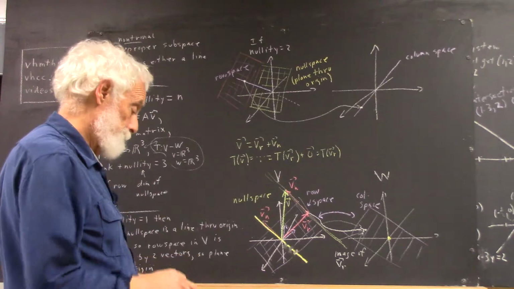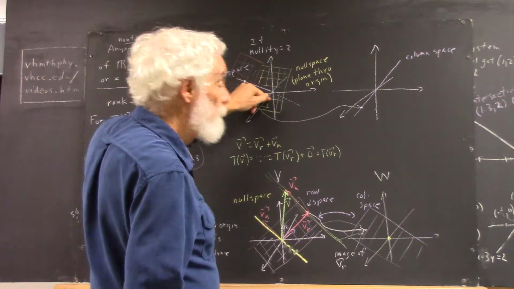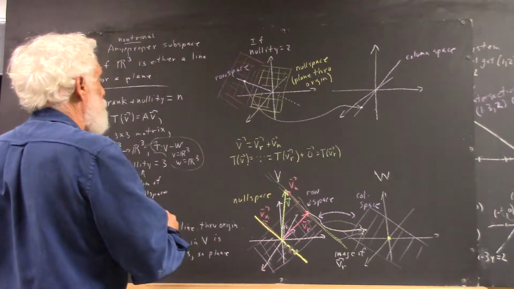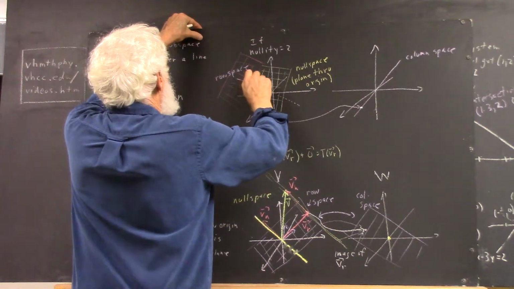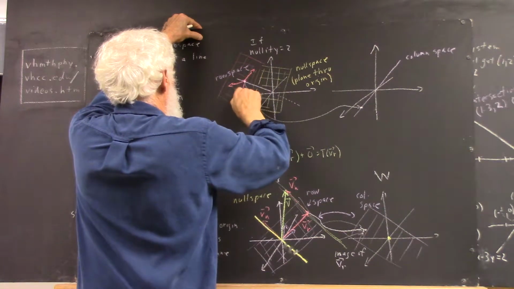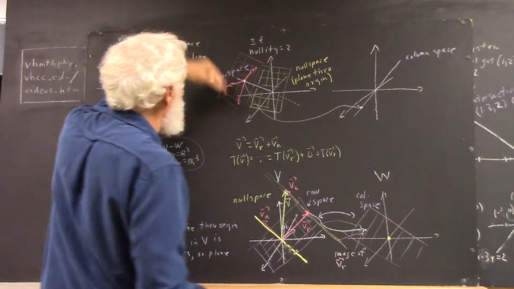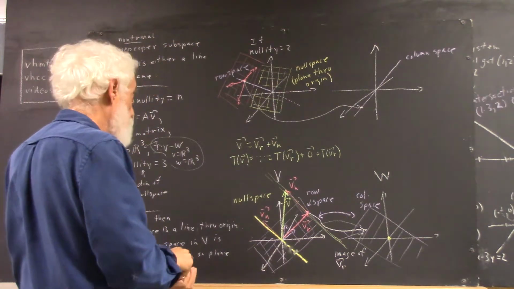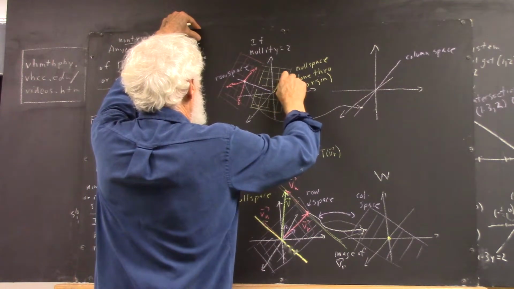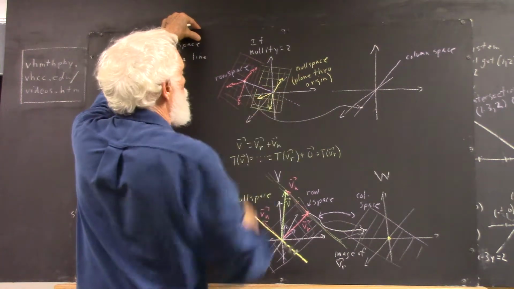Well, if this red plane is parallel to this plane, I didn't do a good job of drawing that, but it goes through this point, then any vector from this point to a point on this plane, those vectors would be parallel, let's say, to this vector and this vector and this vector in the null space.